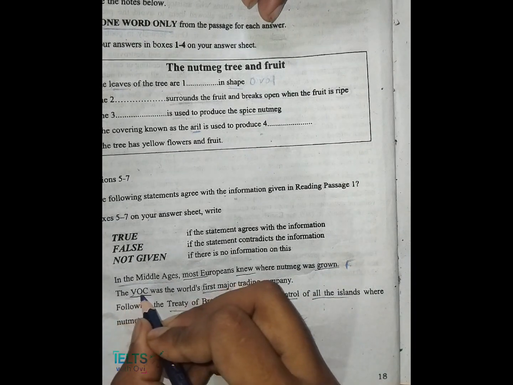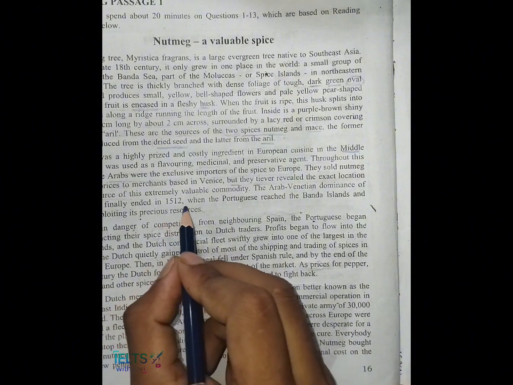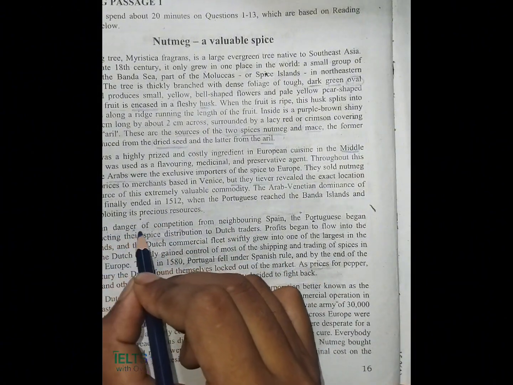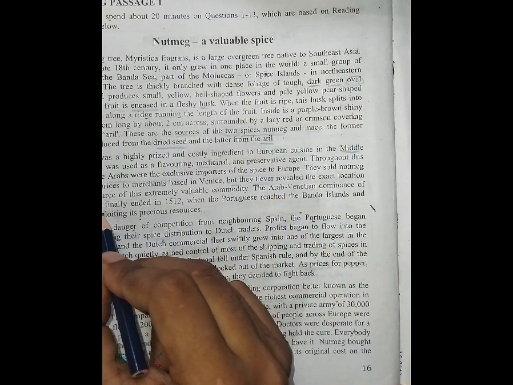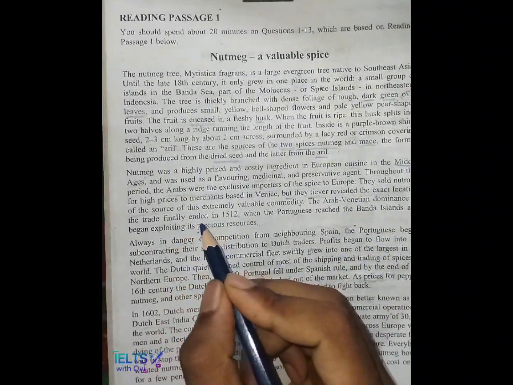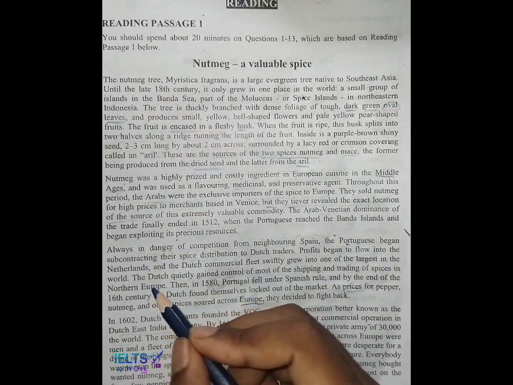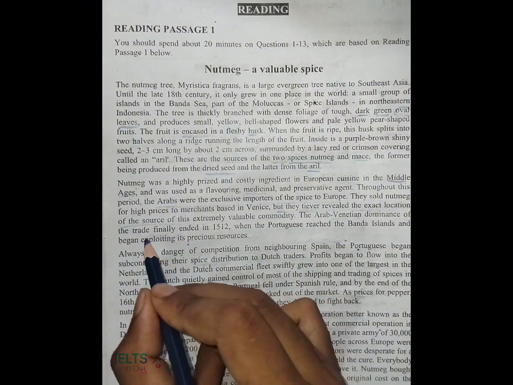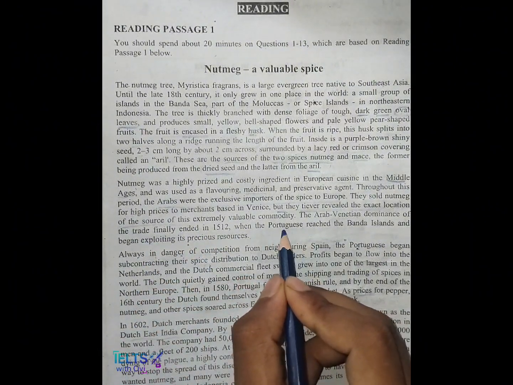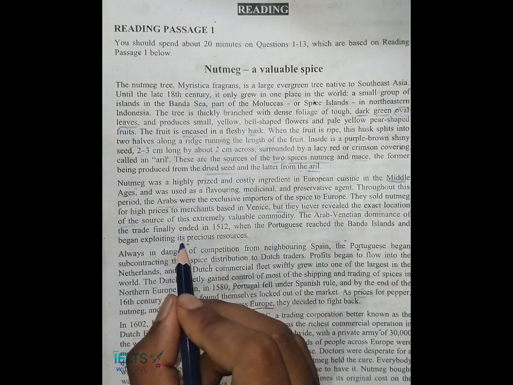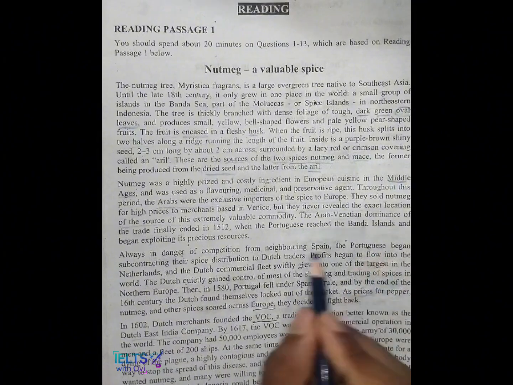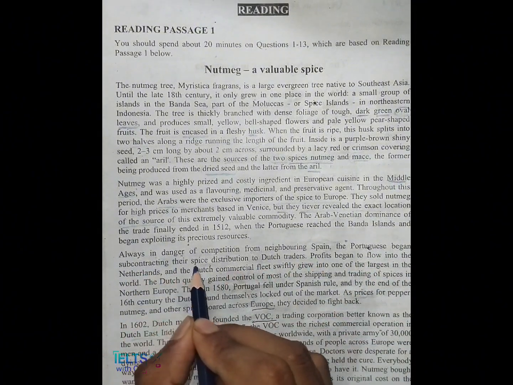Okay, our next target is the VOC. The Portuguese began to subcontract their spice distribution.